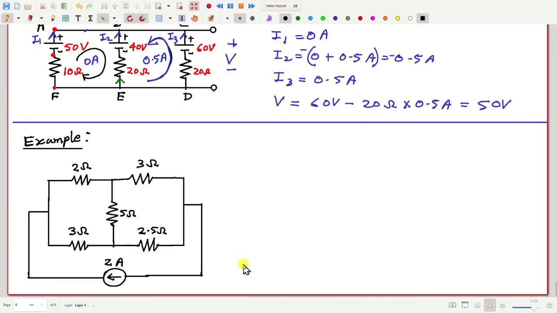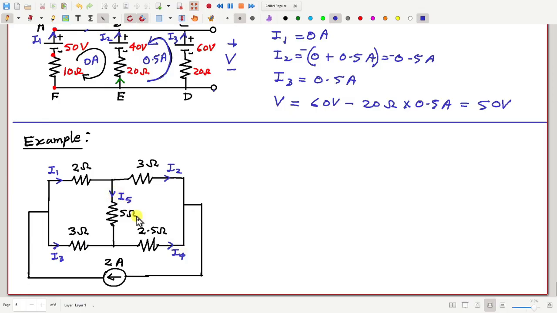But this will be a homework for you to solve this question using the nodal method or mesh method and get the solution. Find out all the currents, say I1, I2, I3, I4, I5.